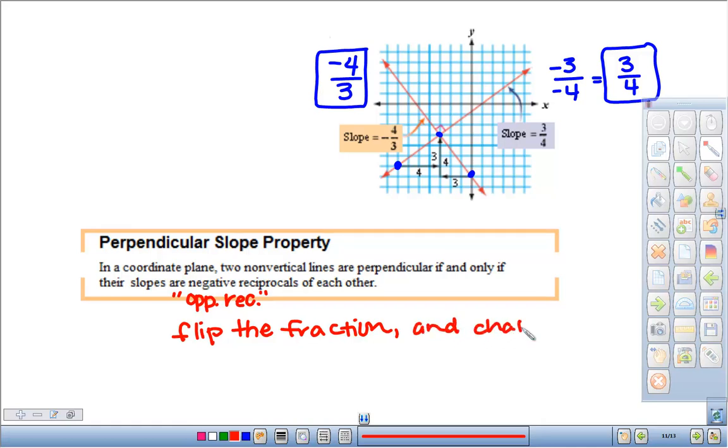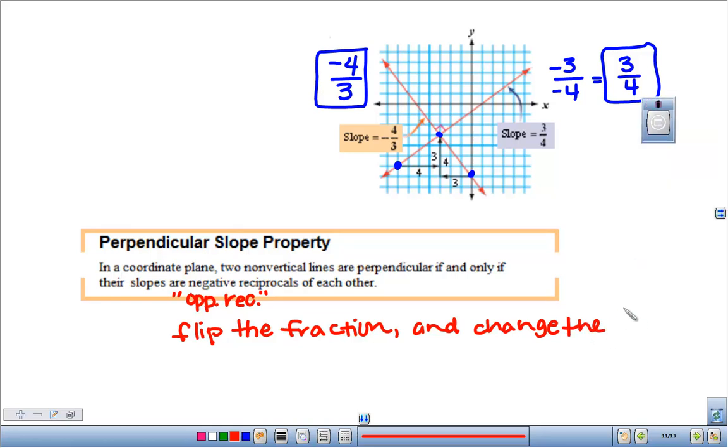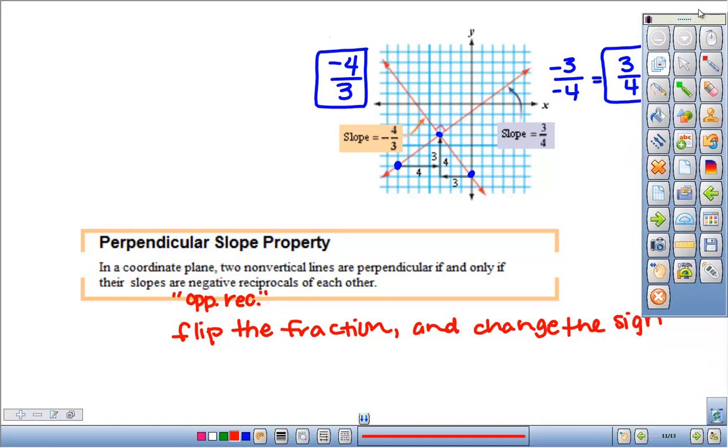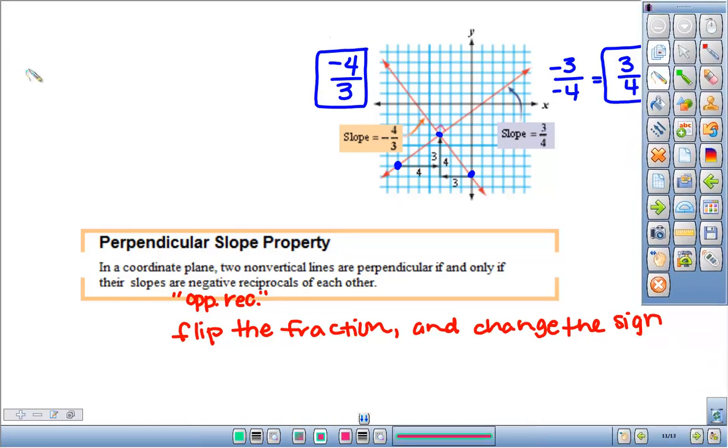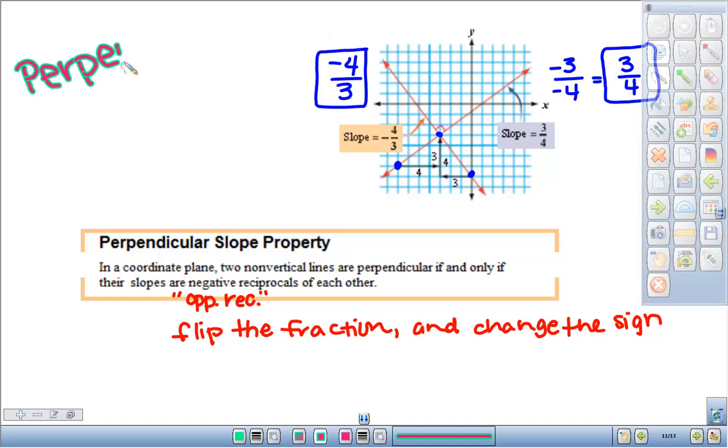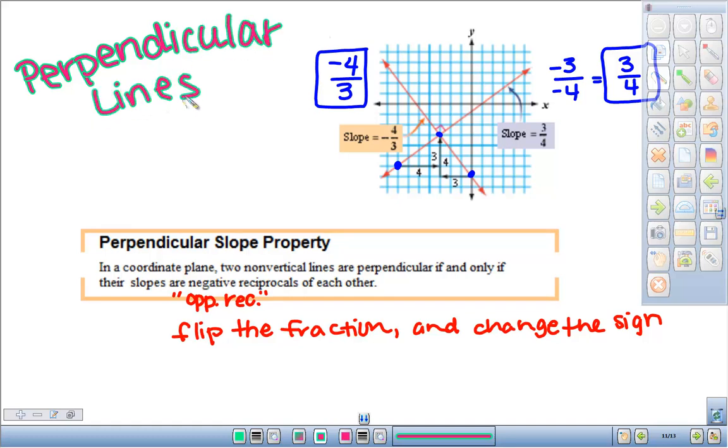And remember this is with perpendicular, meaning lines that intersect at a 90-degree angle. Means they're meeting at a 90-degree angle. They're opposite reciprocals. You flip the fraction, change the sign.